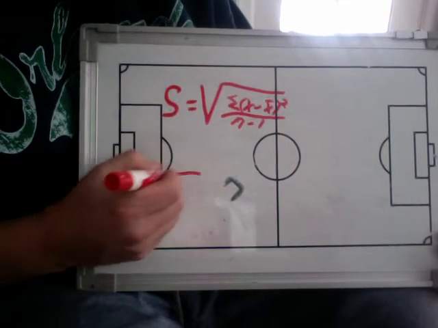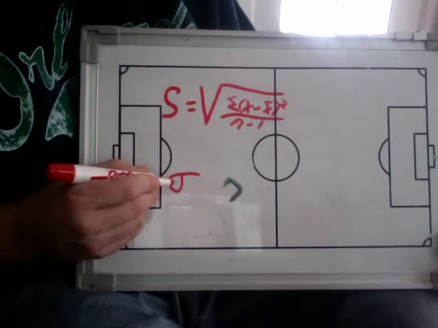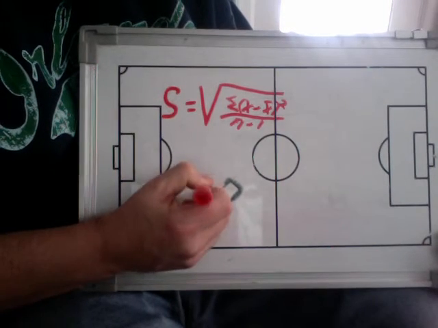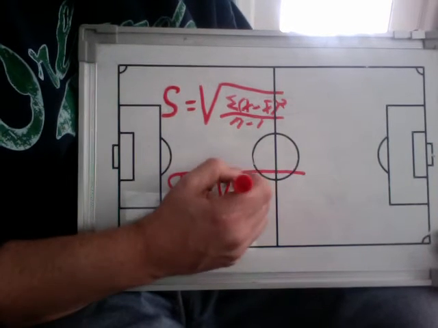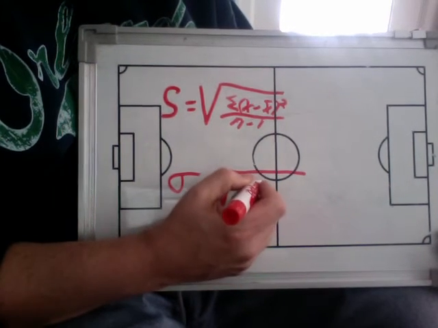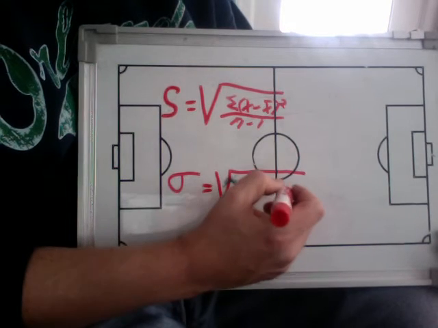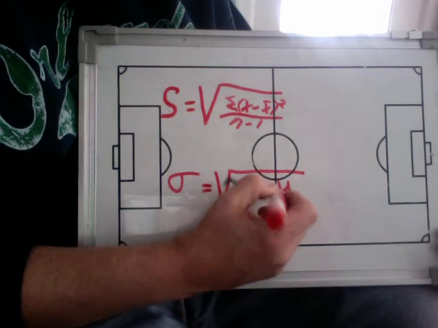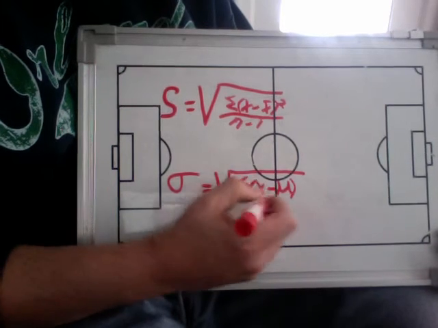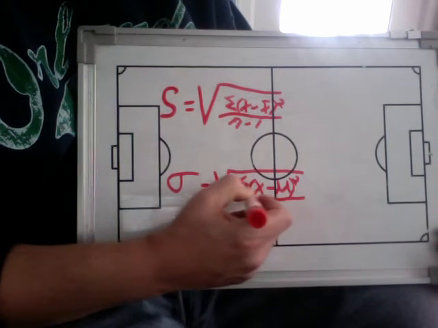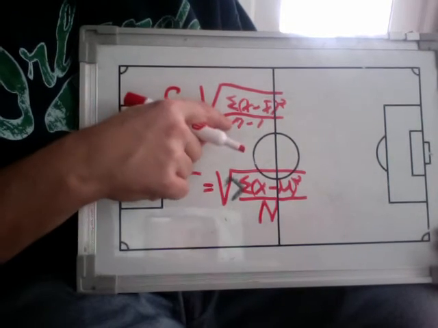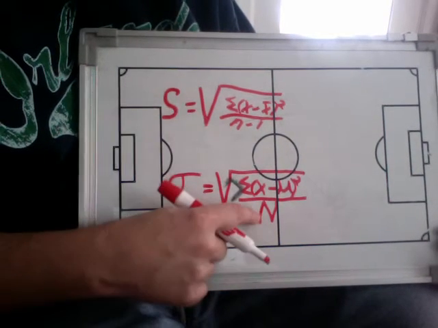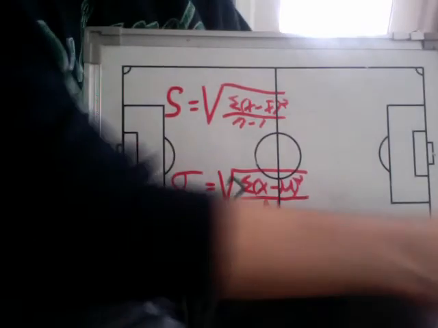If it was a population standard deviation, sigma, it's almost the same. It's still the square root of the sum of each of the data points minus the population mean mu, squared, divided by your population size n. Degrees of freedom, n minus 1, population size n.